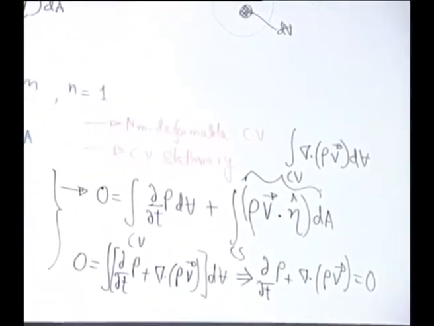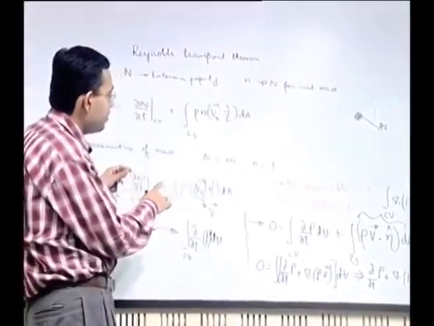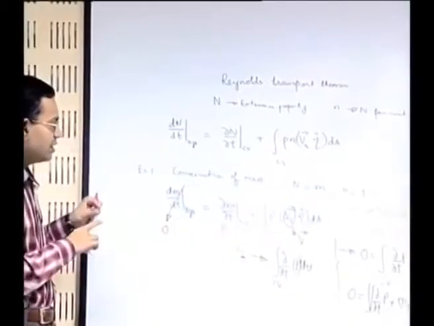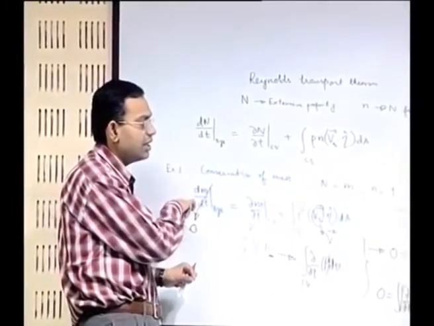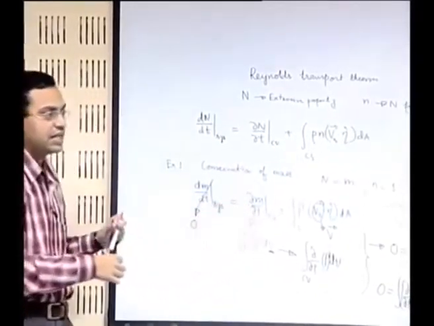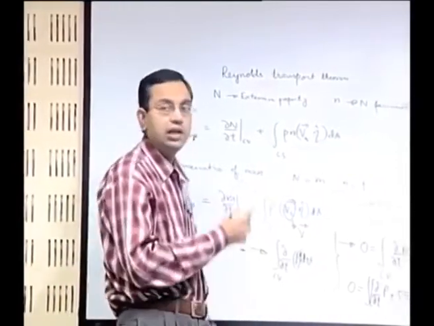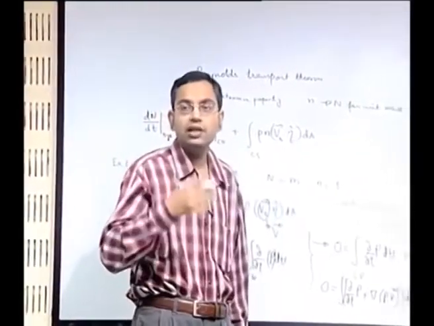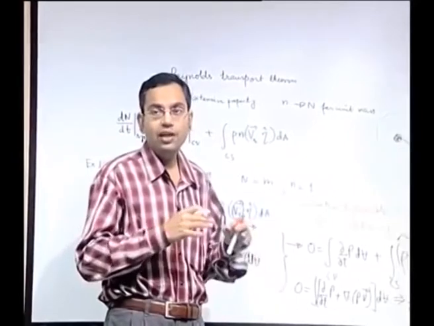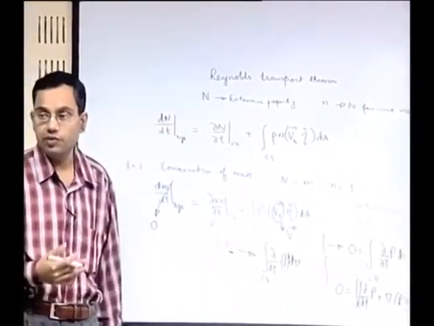Now this is an example of conservation of mass, and what this example has taught us is how to convert an integral form into a differential form. We will see in our exercises of CFD that we will many times be requiring integral forms, many times we will be using the differential forms for deriving discrete sets of conservation equations from the continuum sets of equations.